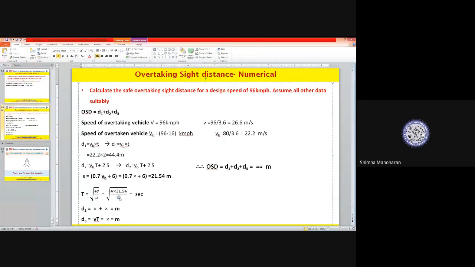So when you have a design speed of 96 kmph, the acceleration is assumed to be 2.5.